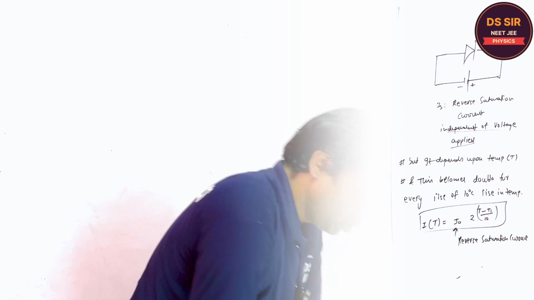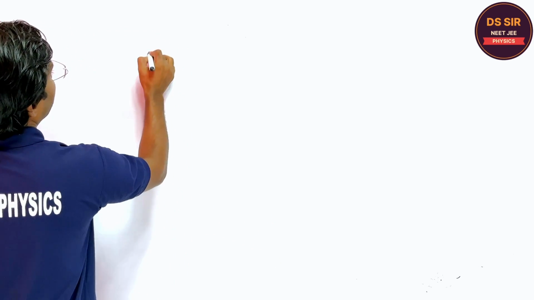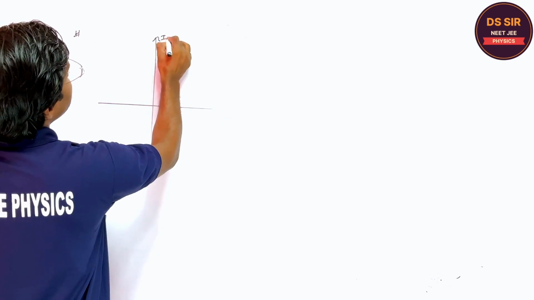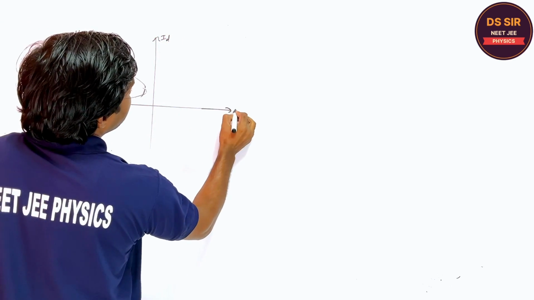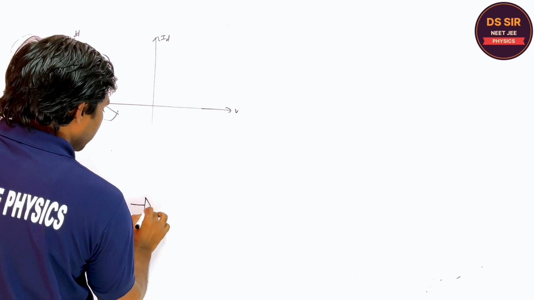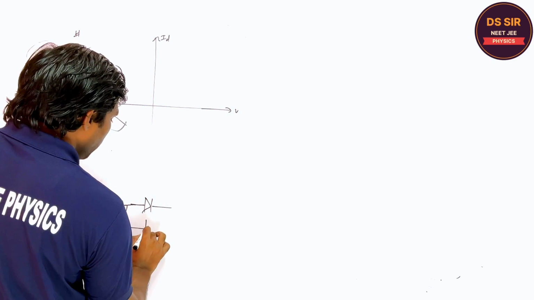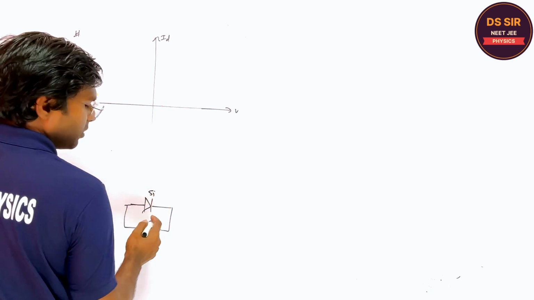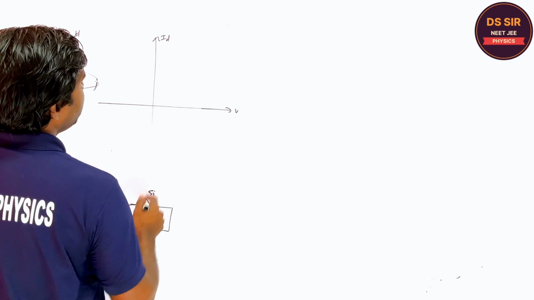Copy this. So now we are discussing in detail the forward and the reverse characteristics. Listen one thing, if this is the diode current and this is the voltage applied, like this. If you apply the voltage in forward biasing, suppose this is the silicon diode or it may be the germanium diode.